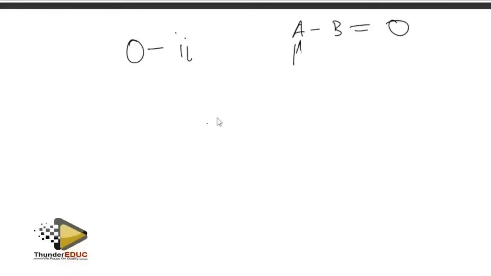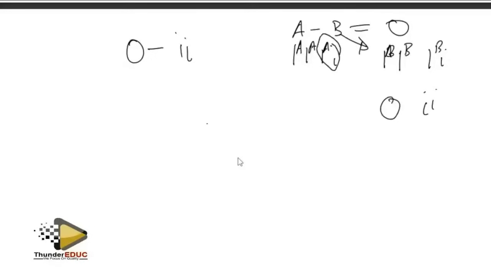Remember, A can be homozygous or heterozygous, B can be homozygous or heterozygous. If I have O, which is ii, it means that I used this and this. If I make homozygous A or homozygous B, there is no way I'm going to produce this. I'm going to only have one small i. Therefore, it's going to be heterozygous blood group A.